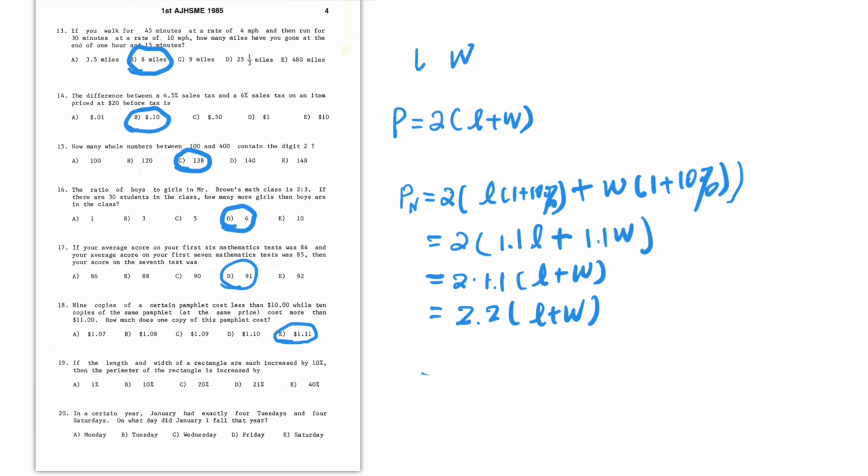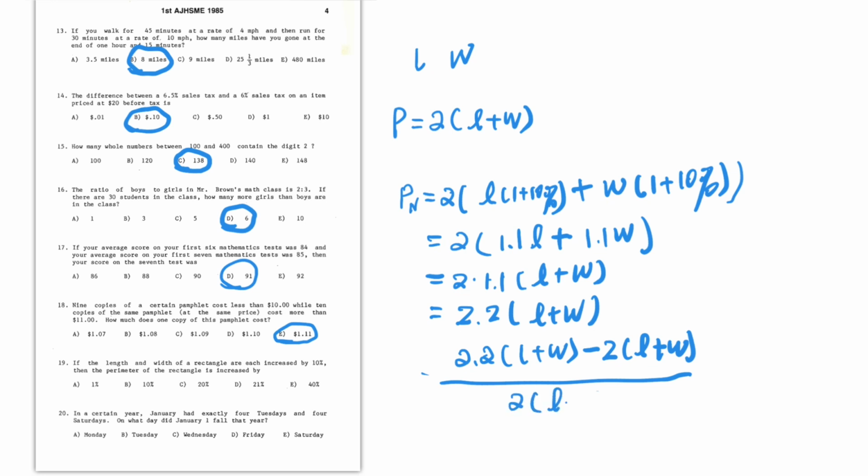We use the rectangle perimeter: the new perimeter 2.2 L plus W, minus the original perimeter 2 times (length plus width), over the original perimeter 2 times (length plus width).